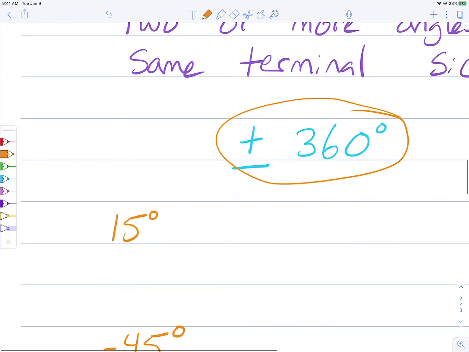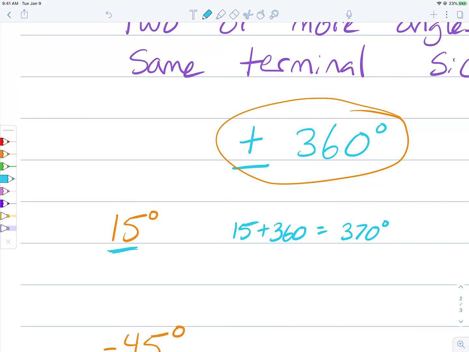So let's just say that my original angle was 15 degrees. Well, if I went 360 degrees further, 360 plus 15 is 375 degrees. So if I went to my 15 degrees and did an entire other circle, I would land in the exact same spot.